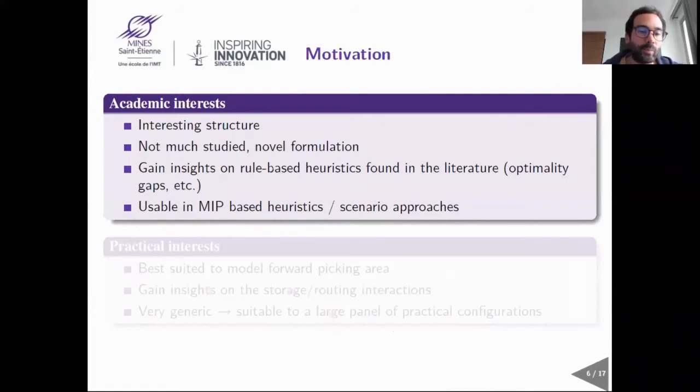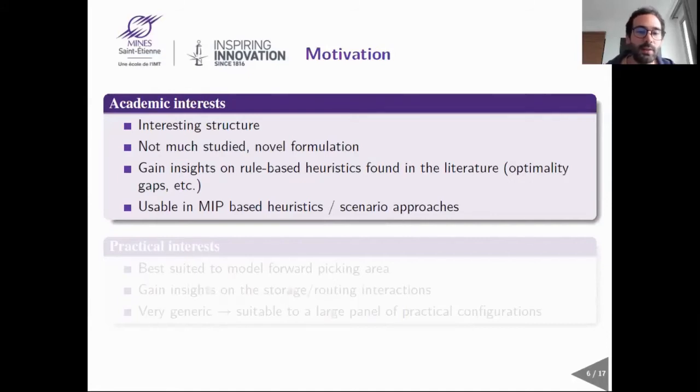Then it can enable us to gain some insights on the rule-based heuristics used in the literature, to know how much performance and efficiency we lose by using partial data on the demand, and how much efficiency there is to gain by considering the full information.